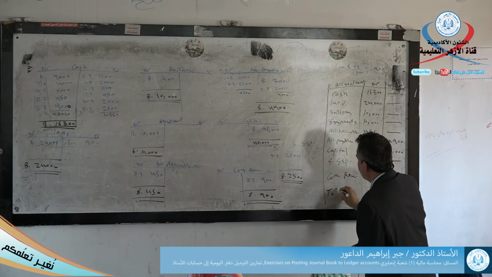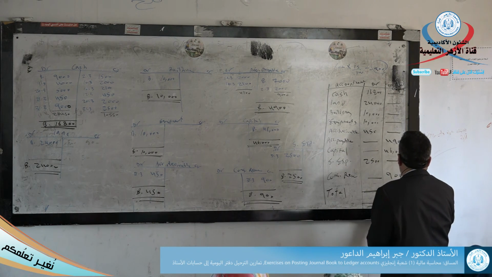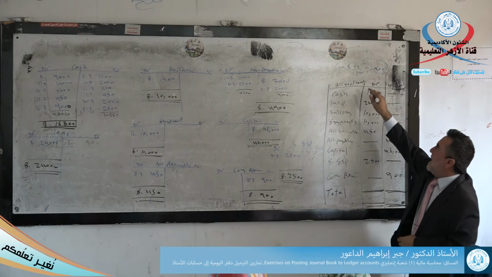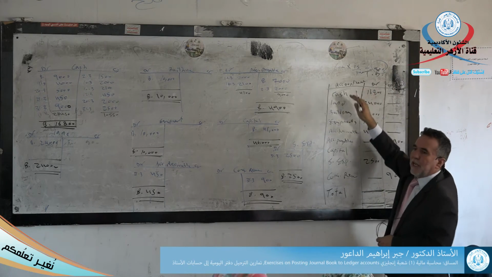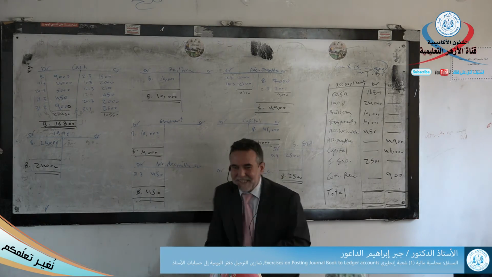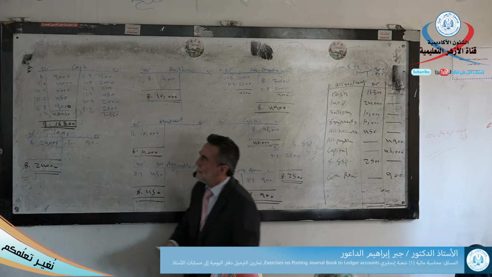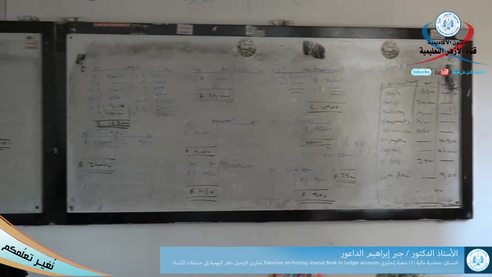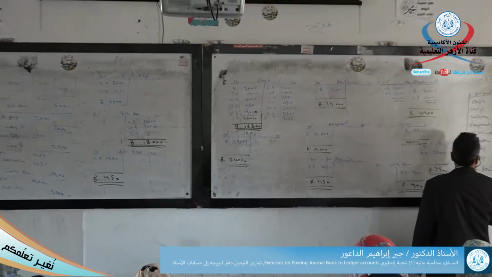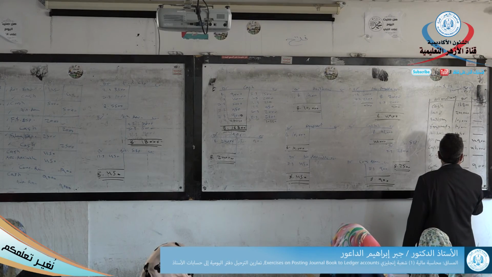So the total of the trial balance, three columns. Film rental expense, $5,500.